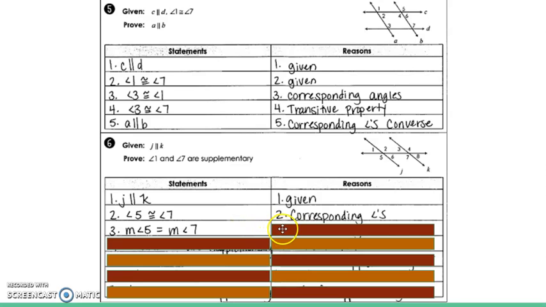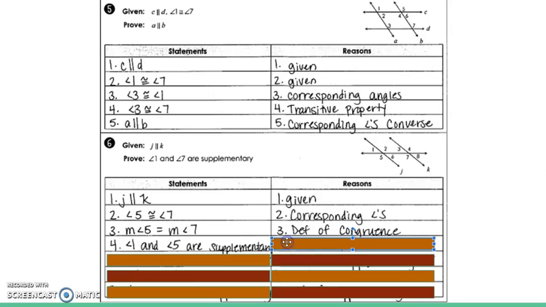The measure of angle 5 is equal to angle 7, whatever that is. And that's our definition of congruence. The reason that we want to say that is I can see that angle 1 and angle 5 are also supplementary angles. They're forming that straight line. And that's the definition of my linear pair.